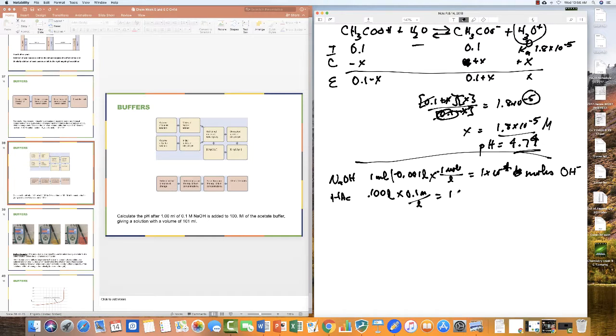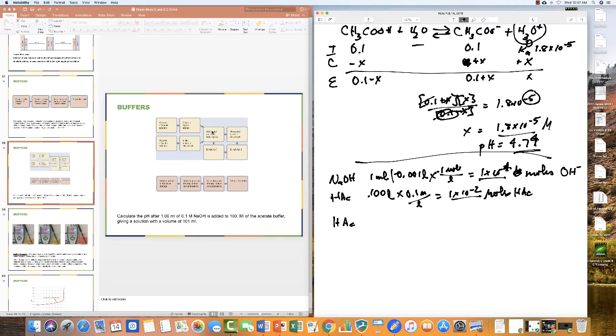So that's going to be 1 times 10 to the minus 2 moles of acetic acid. Now when this reaction occurs, it's going to take away from this and add it to this.